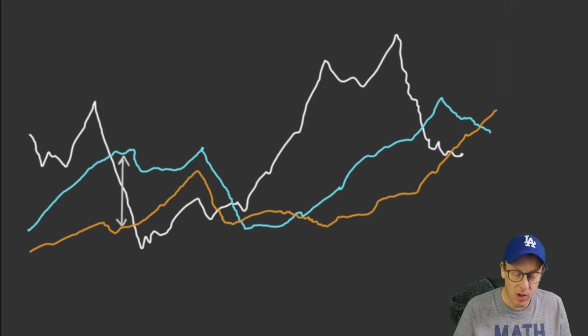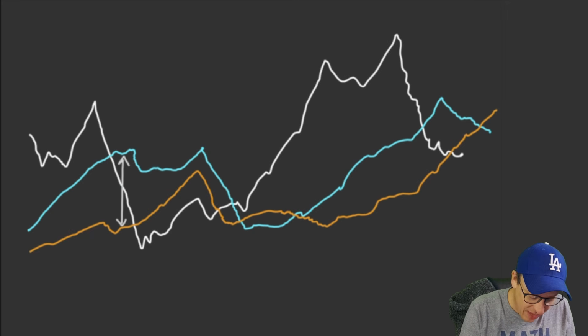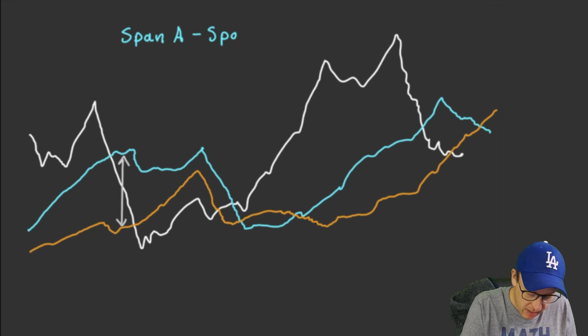That's pretty simple. All you do is take your tables of span A and span B values, and find the one in which span A minus span B is equal to the greatest value.